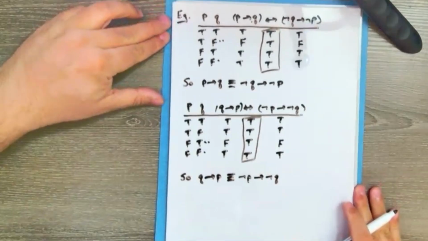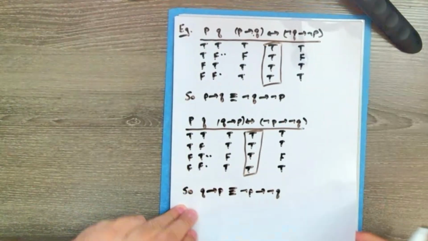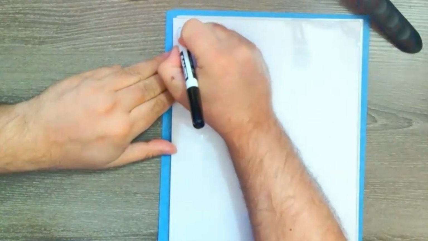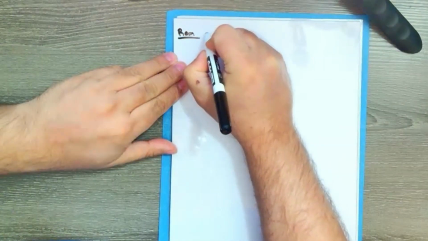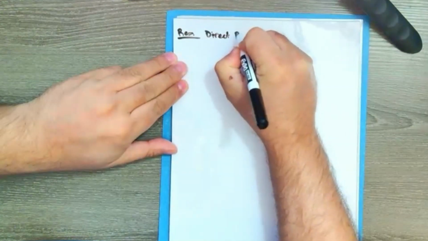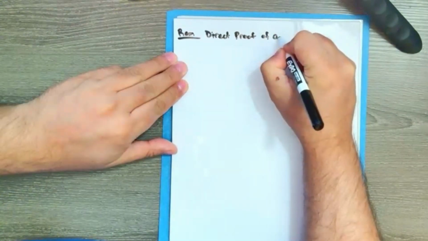So we can use these truth tables as a basis for techniques of proof. And so the first that we'll look at is known as a direct proof of an implication.